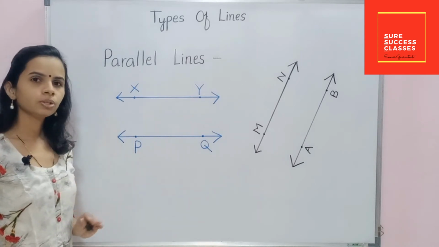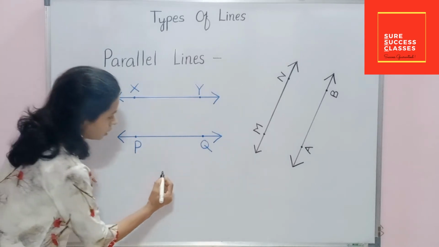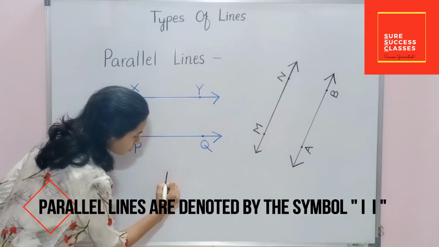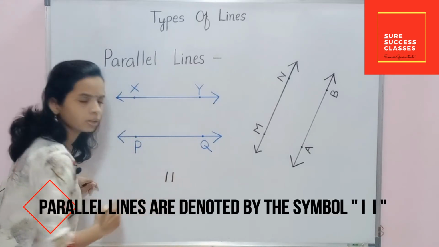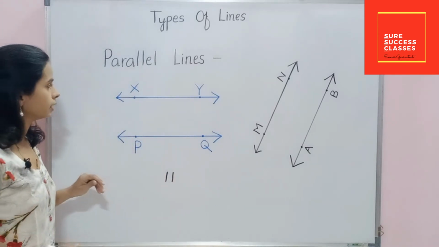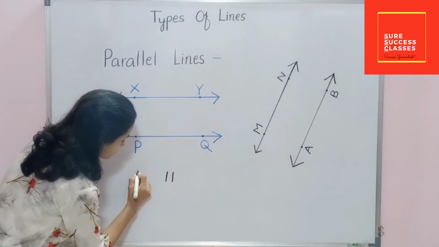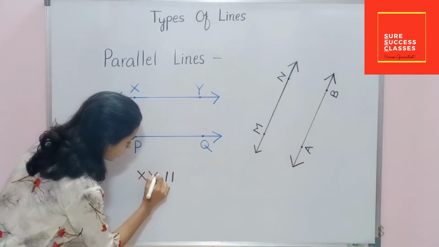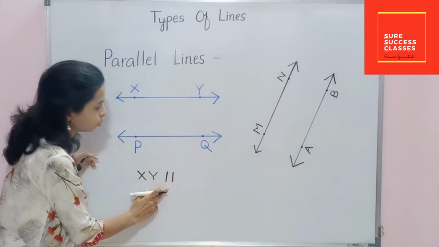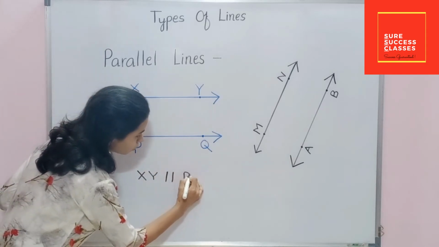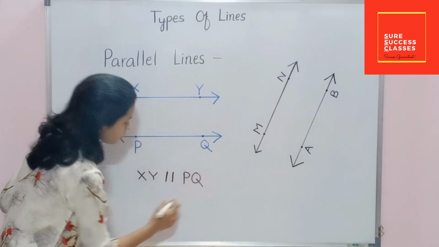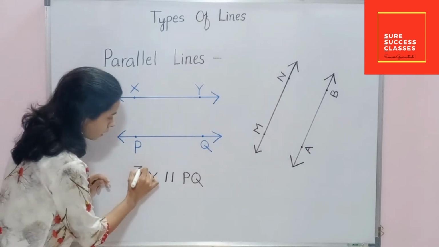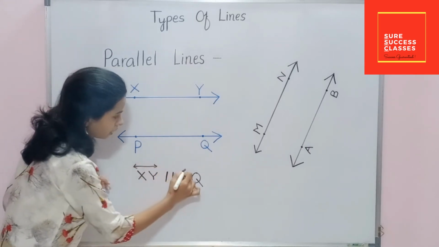These lines are denoted by this sign or this symbol, and when we write line XY parallel to line PQ, we read it as line XY is parallel to line PQ. We know the symbol of line.